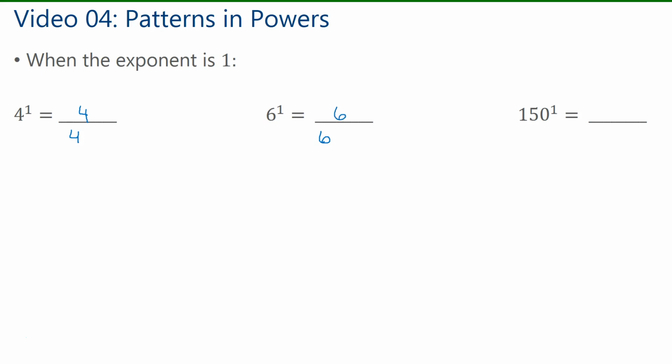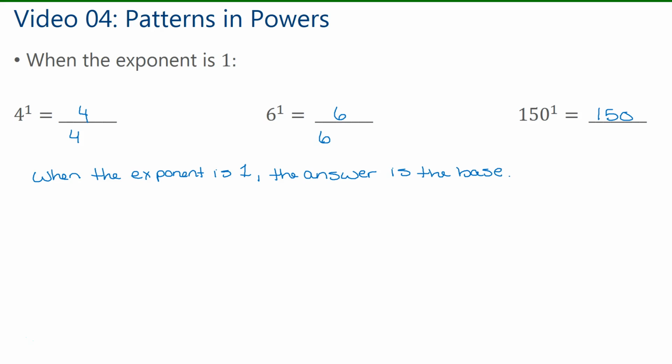And 150 to the power of 1 is just going to be 150. So we can make the note now that when the exponent is 1, the answer is just the base. So we don't need a calculator or anything to work it out. We'll just look at the base and write that down.